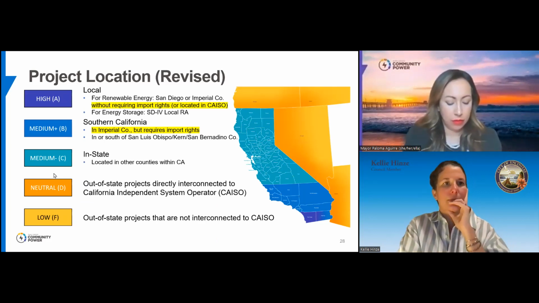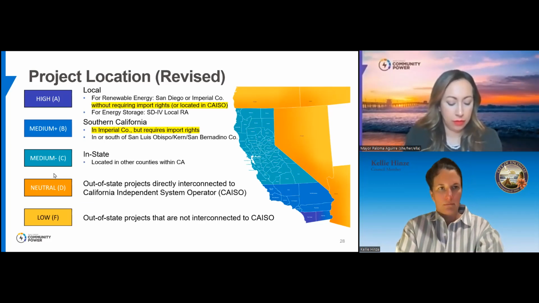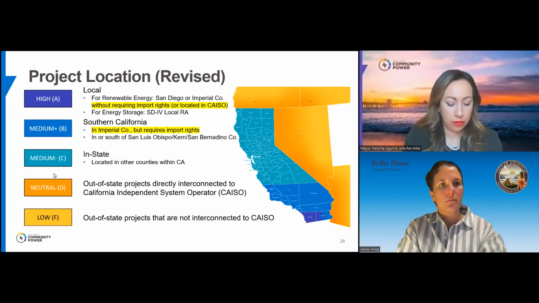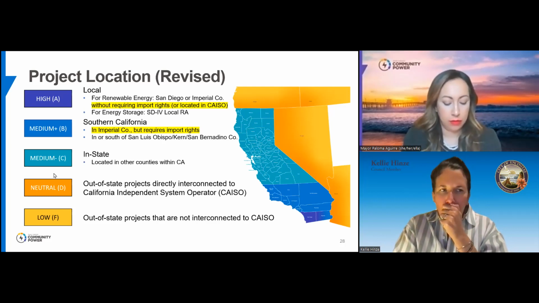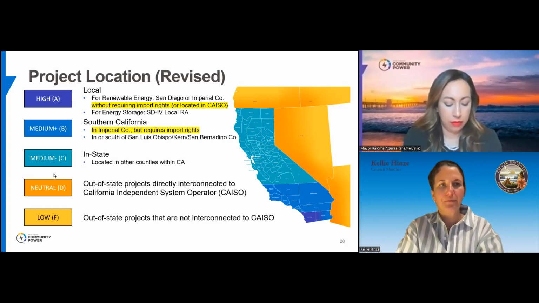And so what we're looking for here, again, is shifting to the 5 scoring criteria, but making a couple modifications on the location front. Before this, we had projects considered the top criteria for local if they were located in San Diego or Imperial County. Some projects in Imperial County are CAISO interconnected and do not require import. Most require import.